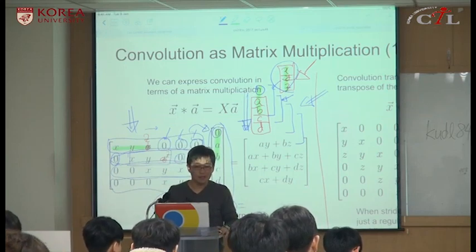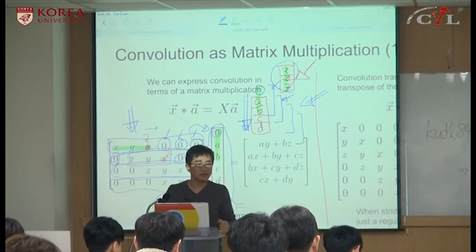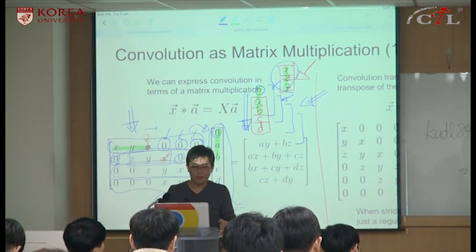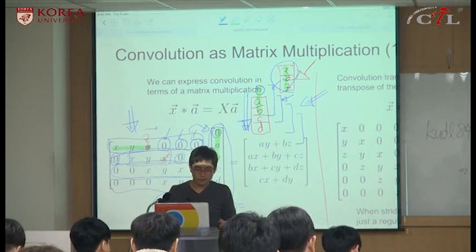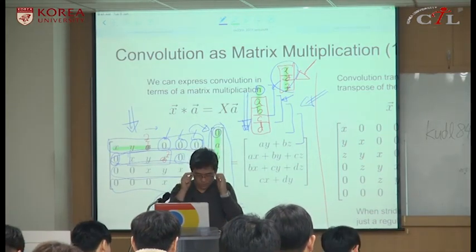Okay, and then there could be another way of forming this single matrix vector multiplication for this exact same convolution computation. So another way would be this guy.